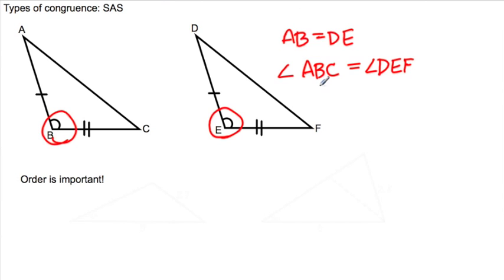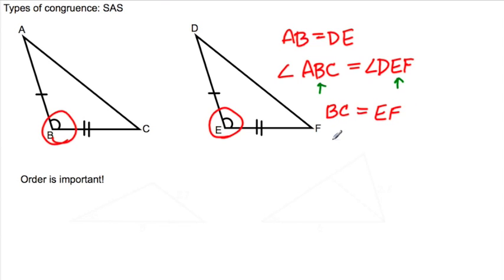Notice that the middle point here shows the vertex of the angle to which I'm referring. And then one more side: BC is equal to EF.